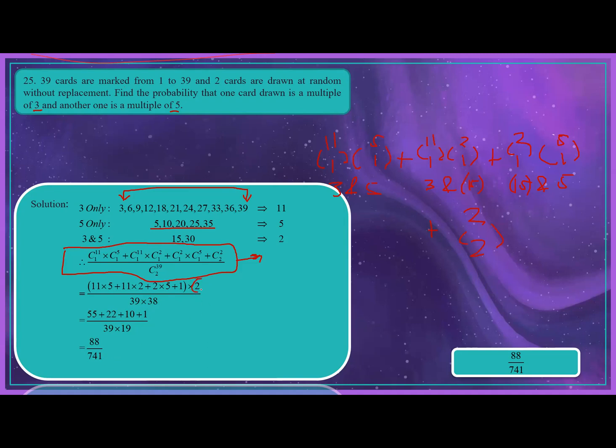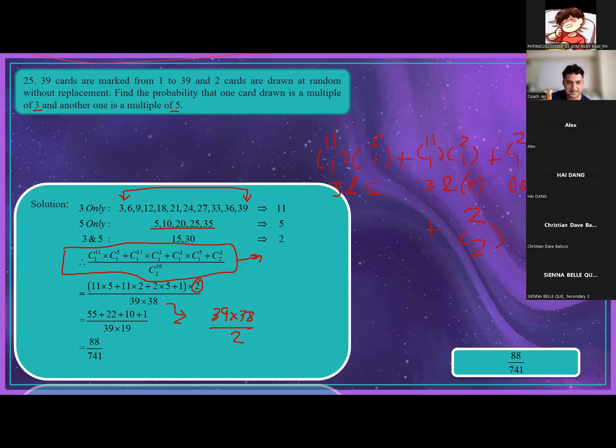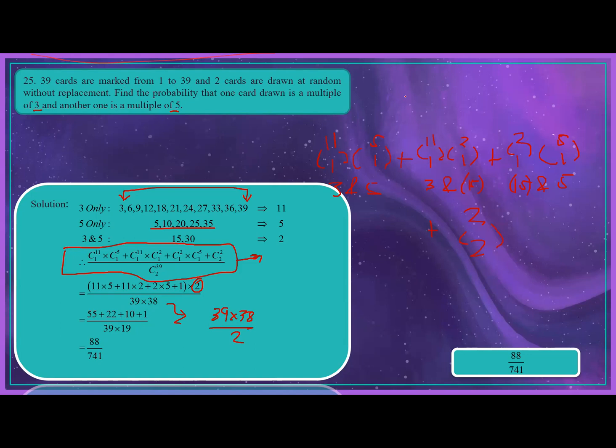The 2 here is from 39 times 38 divided by 2, that's 39 taken 2, so that's why we have 2 at the numerator. In total, simplified, you have 88 over 741. So next number.